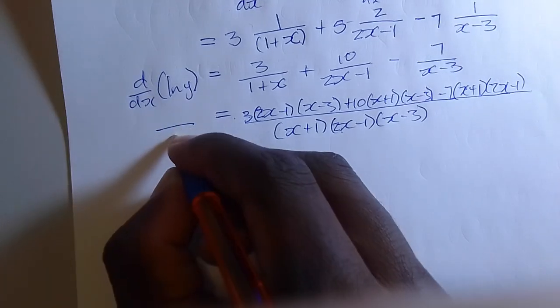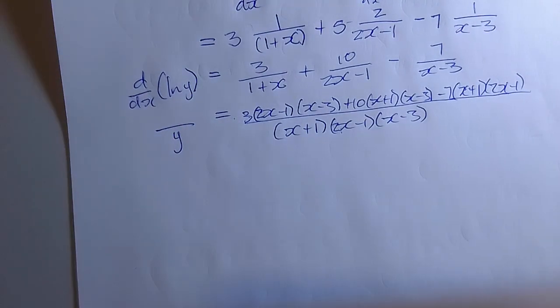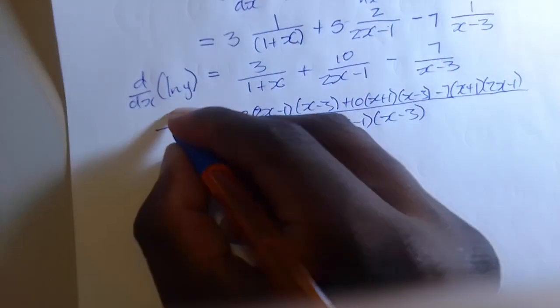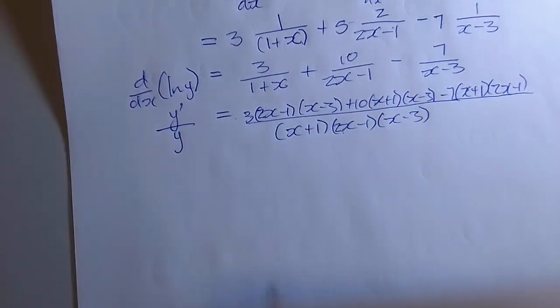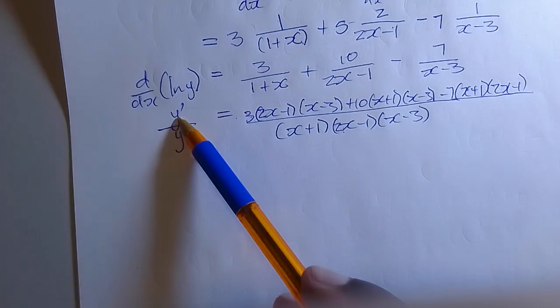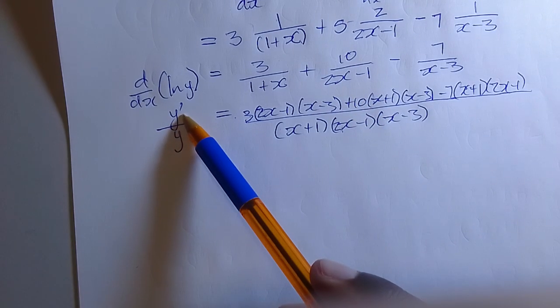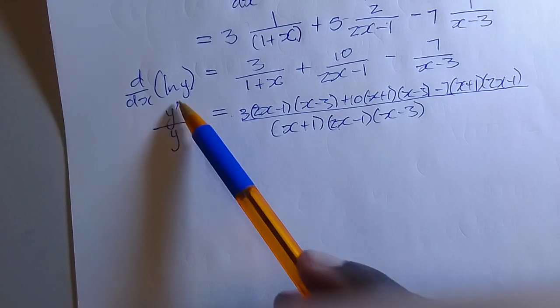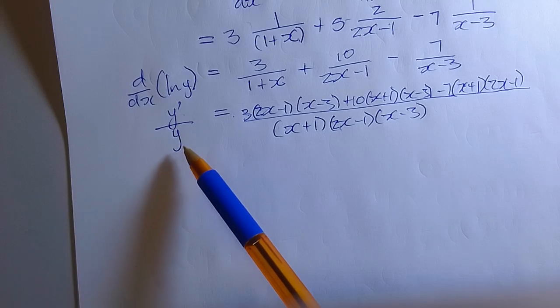We put the function as itself on the denominator, and then we put the derivative of the inside function as your numerator, because we said the derivative of this is here, so we say y prime right inside there. So y prime is basically d on dx. It's just that it'll take a lot of space, that's why I'm doing it like this.